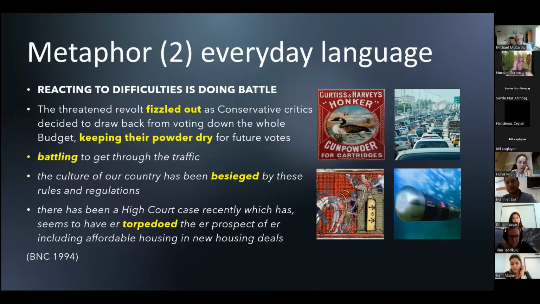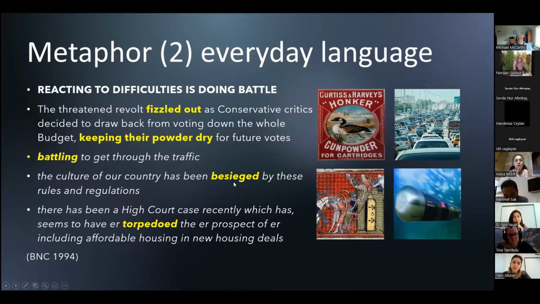So what I've highlighted here are, in the first one, these verbs which refer to firing a gun, a cannon. Fizzled out means it didn't work, it just went and died. Keeping your powder dry so that you can use your gun. The second one, battling.